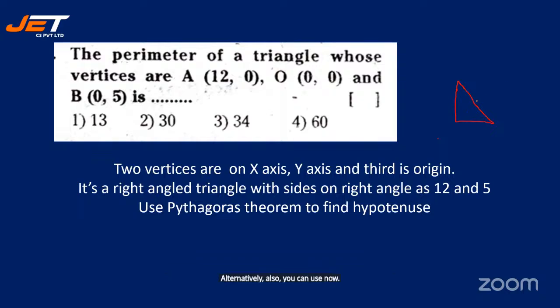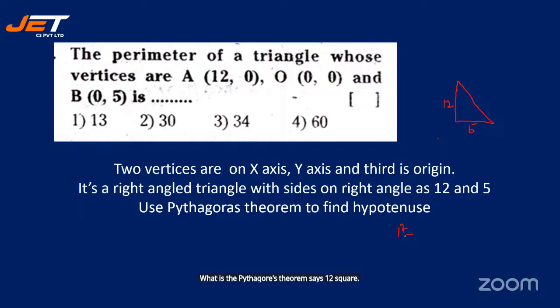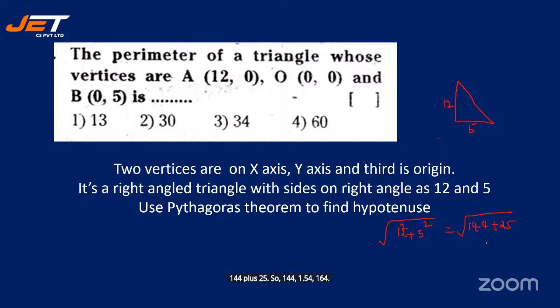Now, we are using the Pythagoras theorem, whereby we have 5 and then we have 12. What does the Pythagoras theorem say? Root of 12 square plus 5 square, the whole root. That is 144 plus 25, so 169. What is root of 169?